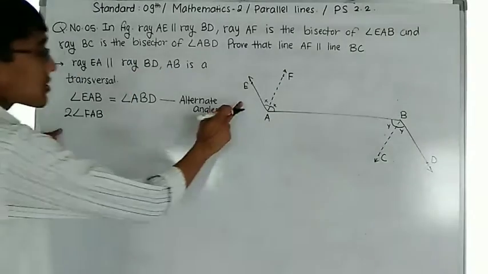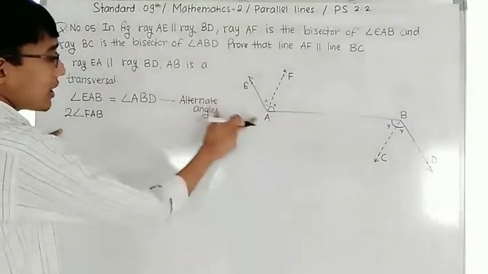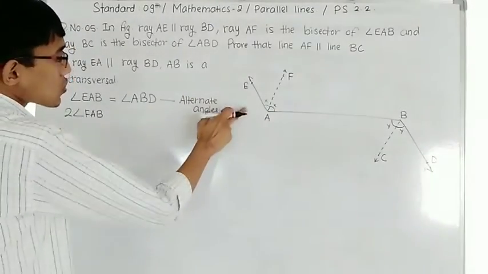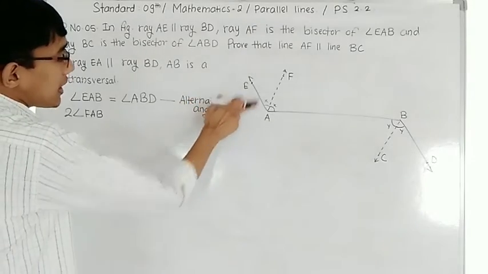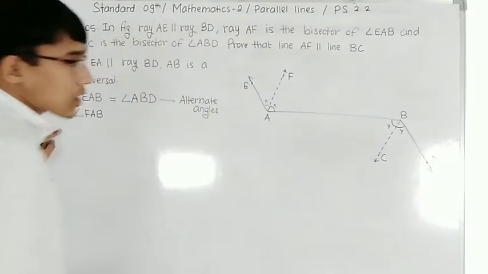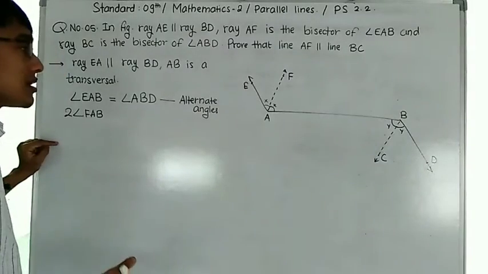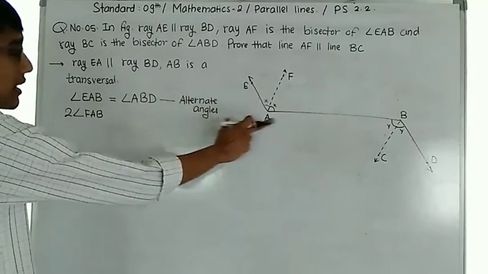As we know that angle EAB is bisected by ray AF, so angle EAF and angle FAB both are equal, and the sum of both the angles gives us angle EAB.